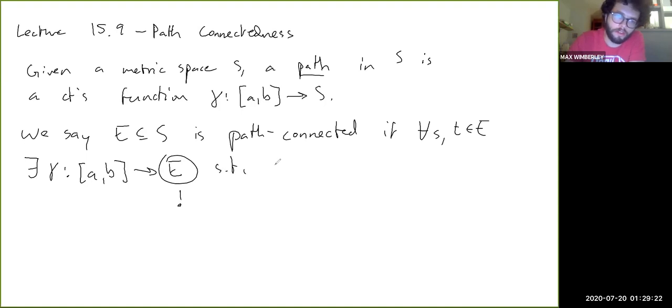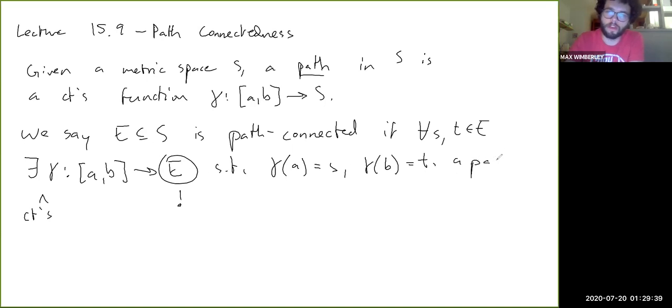Such that gamma of a equals s and gamma of b equals t. So one endpoint is s, the other endpoint is t, you have a path. Obviously, this is continuous because it's a path. So a path from s to t.